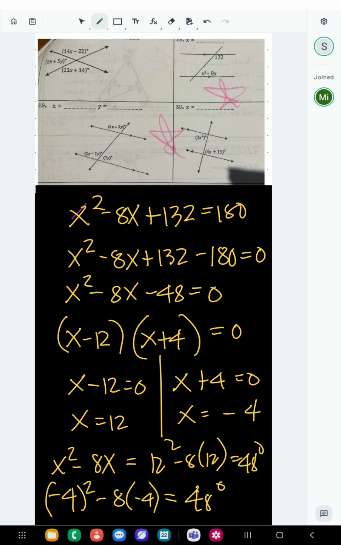So we have the corresponding angles. When we say corresponding angles, these are the angles which are formed in matching corners with the transversal when it crosses two parallel lines. They are congruent, or they are equal.